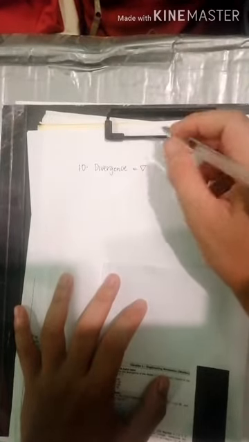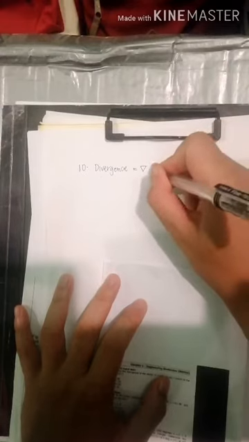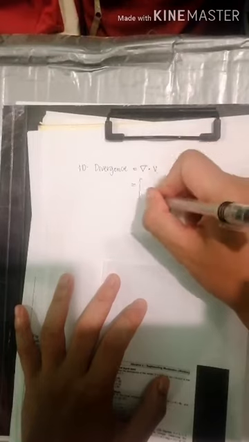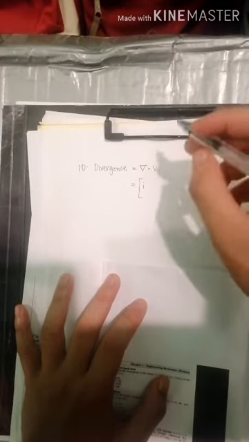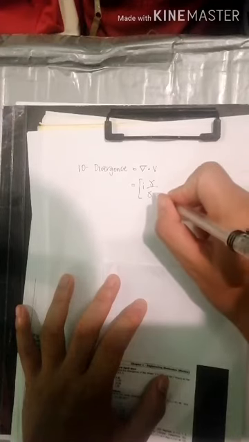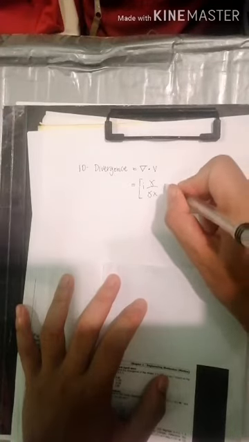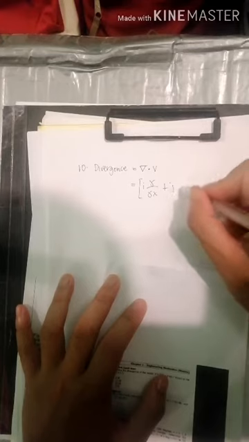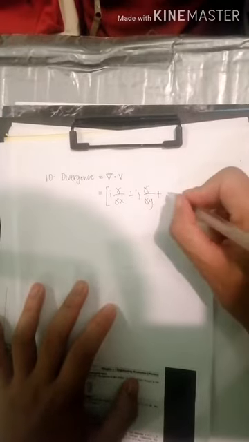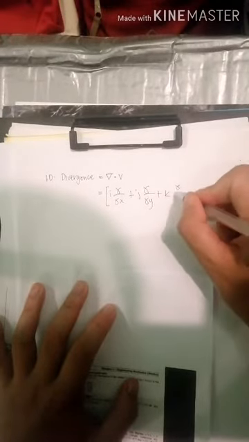So, ito yung formula divergence, inverted triangle dot V. So, yung inverted triangle ay i partial over partial x plus j partial over partial y plus k partial over partial z.